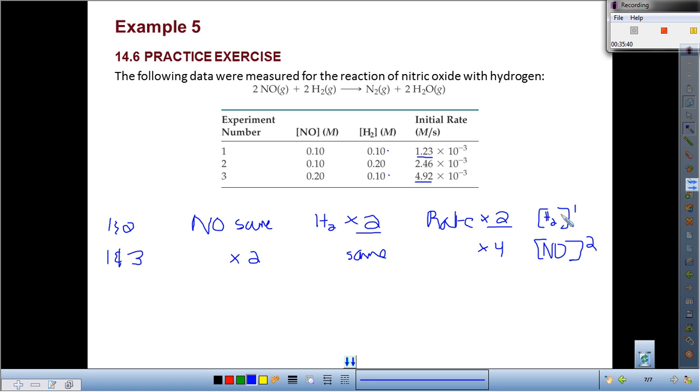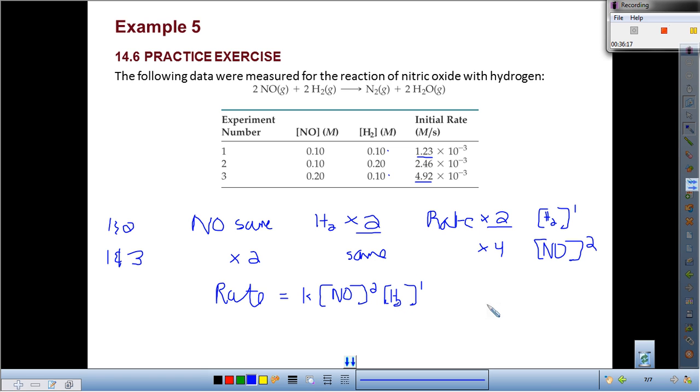So now that I know the orders of my reactants, I can write my rate law. Rate is equal to K, little k, times NO to the 2 and H2 to the 1.